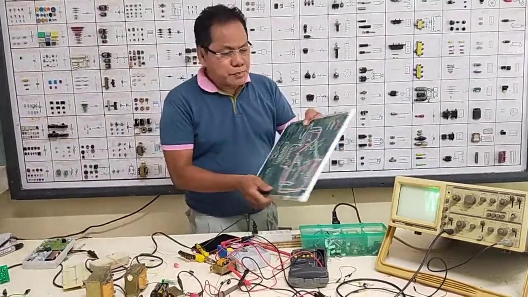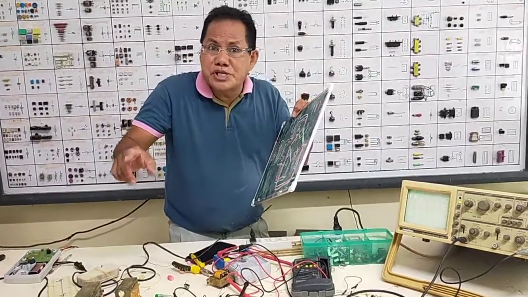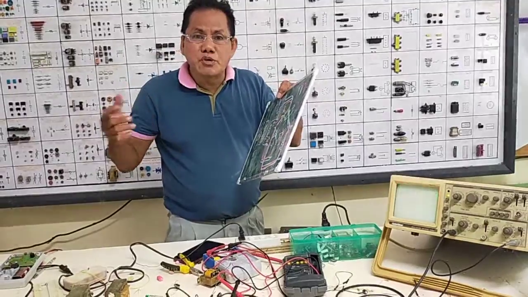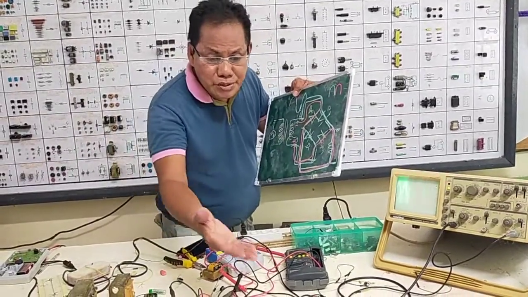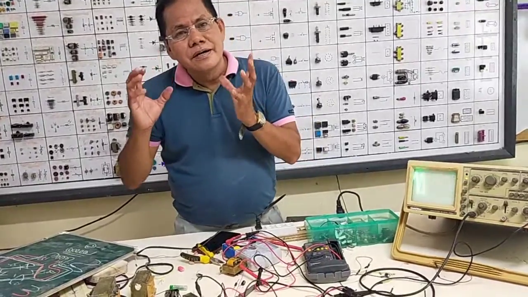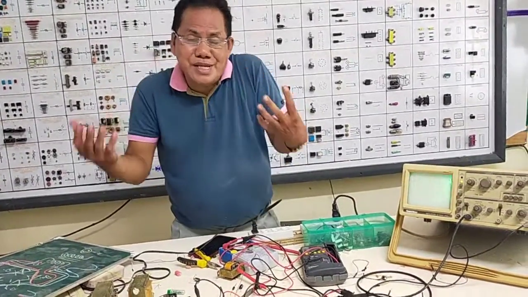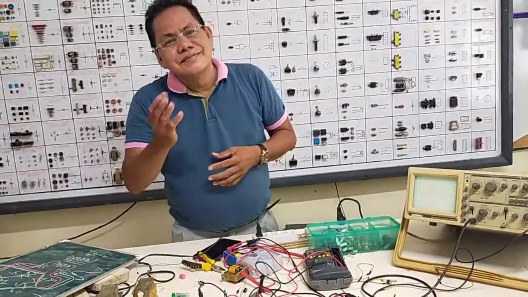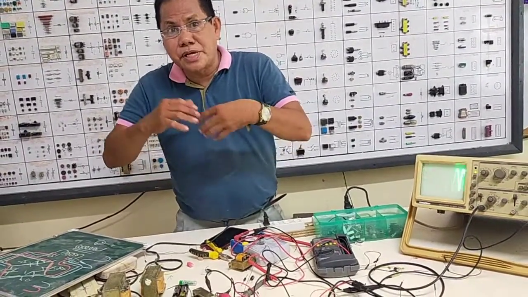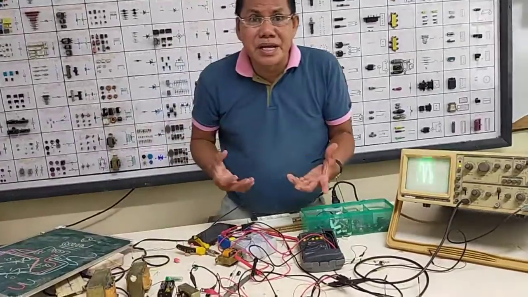Remember, in the forward direction, it is only 0.6 volts for silicon and only 0.2 volts for germanium. But actually, we are using silicon. But in the reverse direction, that is, when the diode is connected in the reverse direction, we call it peak inverse voltage, the maximum voltage in the reverse direction that the diode can handle.